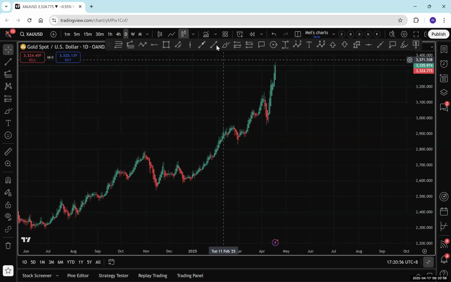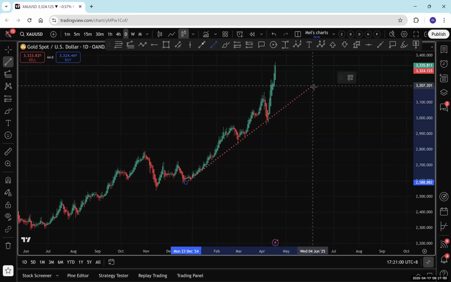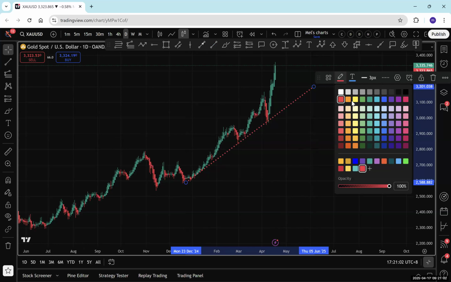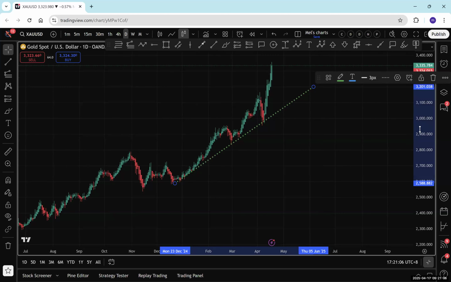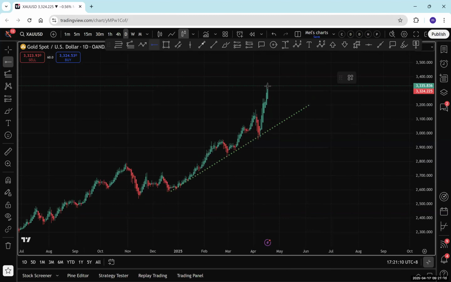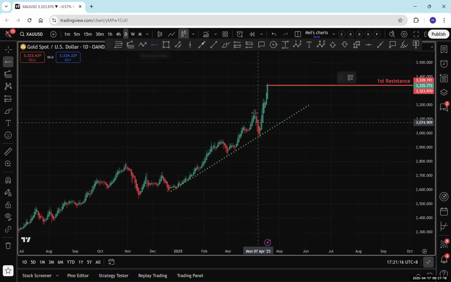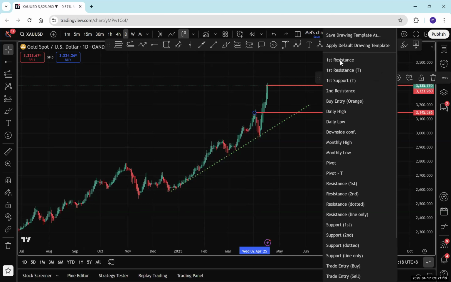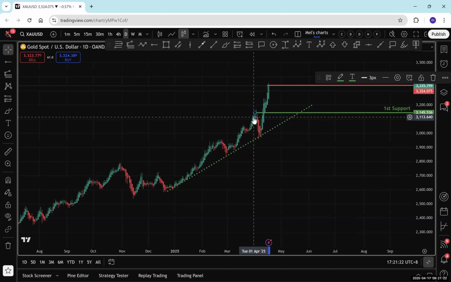Let's see if we have any trend lines first. Yeah, we have an ascending trend line here. Okay, and I'm gonna place the first resistance over here. And the first support, just at this pullback level here.